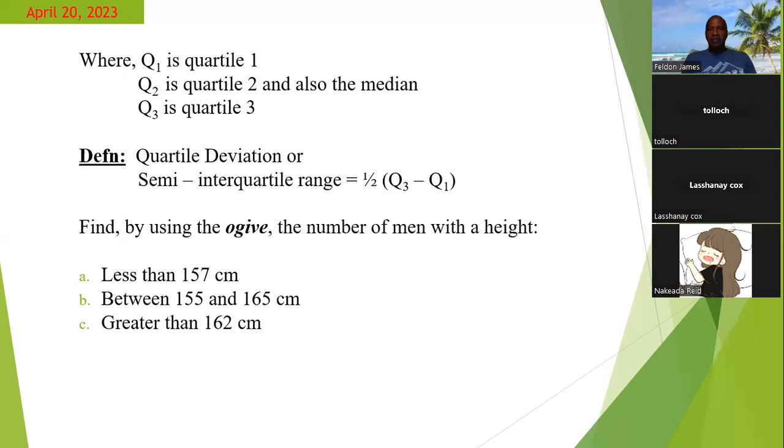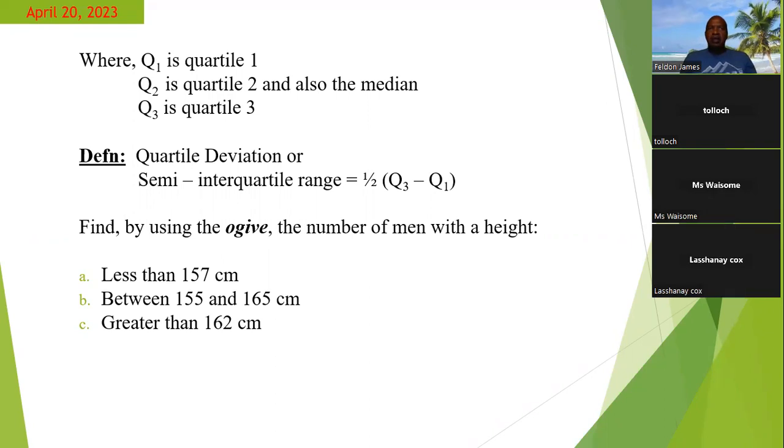Can somebody tell me what you would be looking for on your curve? So if your heights are given on your x-axis, what is given on your y-axis? Frequencies are on the y-axis.